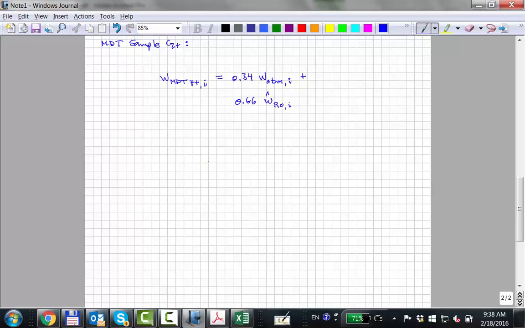In this calculation, when you will be calculating this W_RO,I with the hat, this will be in this MDT sample, if we actually had an MDT sample, we flashed it down to a C7 plus mixture only, and you can actually do that.